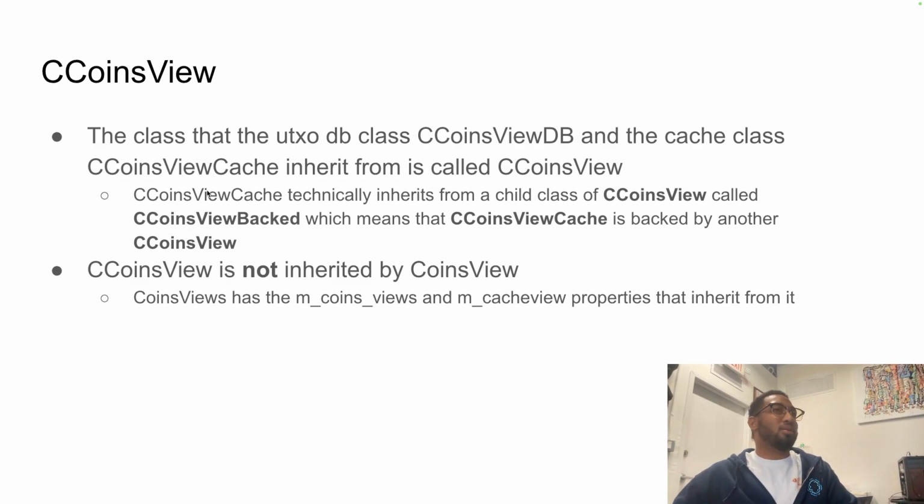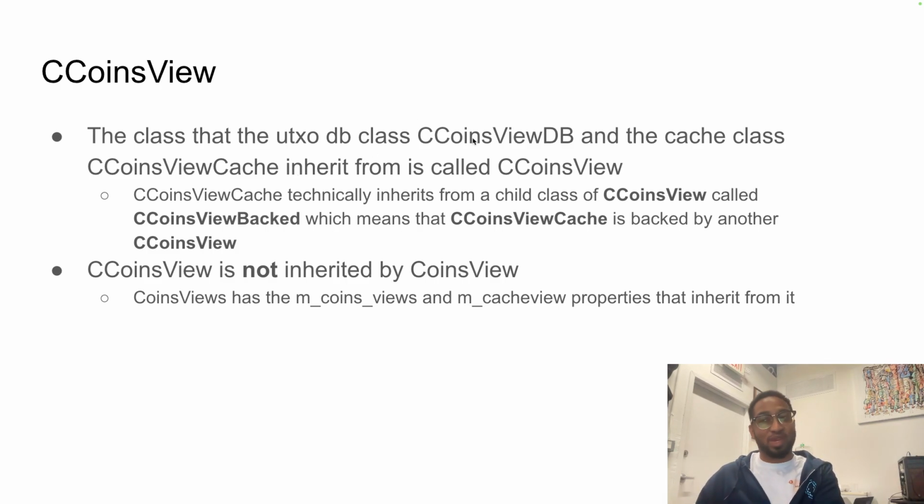Right, because there's separation of logic. So the CoinsViews has a CCoinsViewCache, and the CCoinsViewCache manages things in RAM. Now the CCoinsViewCache contains a reference to the CCoinsViewDB.